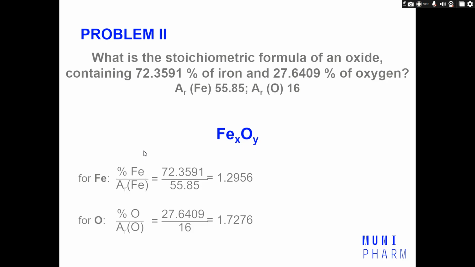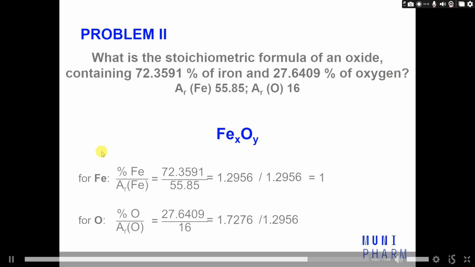Those coefficients are not satisfying for us because we prefer using integers to decimals in the chemical formulas. We will take the smaller one from all the coefficients we have calculated, and with this value, we'll divide all of the coefficients. In this case, we will take the value 1.29, which we calculated for iron, and we will divide by it the value calculated for iron and the value calculated for oxygen.